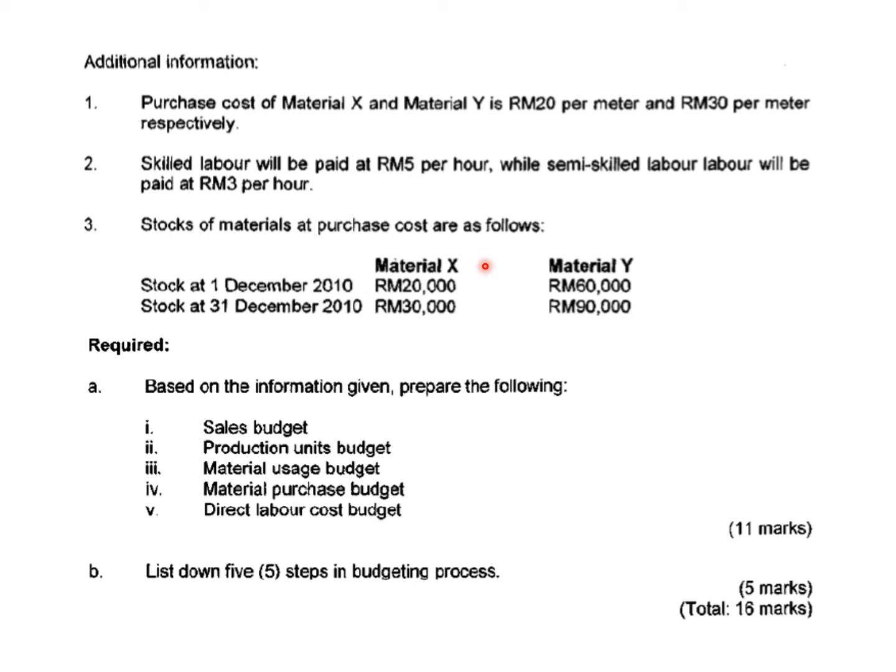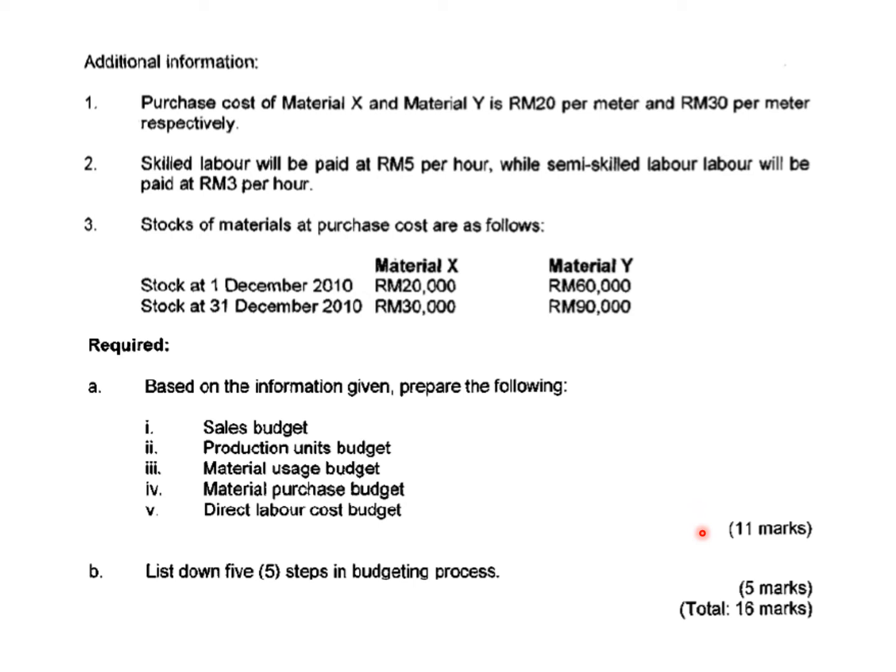So, dia ada material punya stock dan dia juga ada finished good stock. So, ni adalah material punya stock untuk X dan Y pada awal tahun dan akhir tahun. So, you are required to prepare this following. So, you kena prepare the sales budget, production units budget, material usage and purchase, direct labor cost budget for 11 marks.